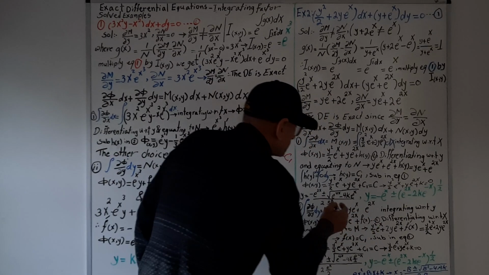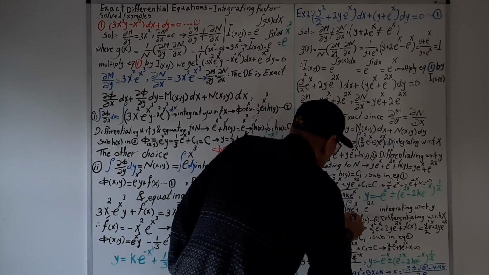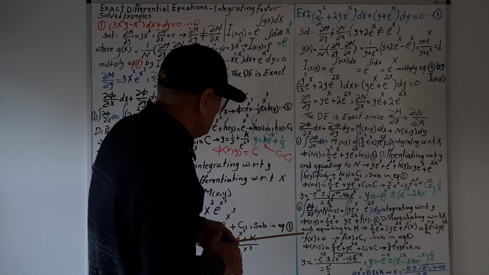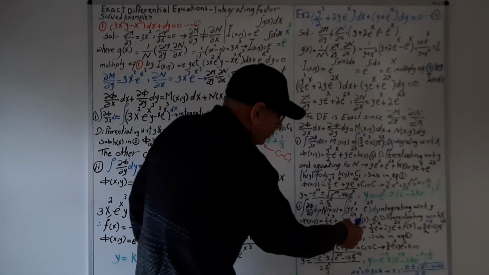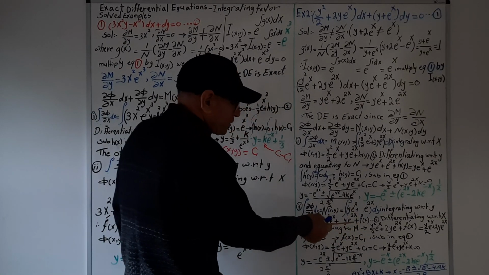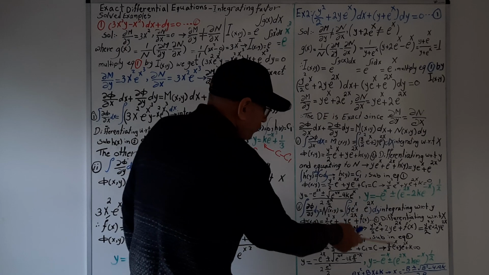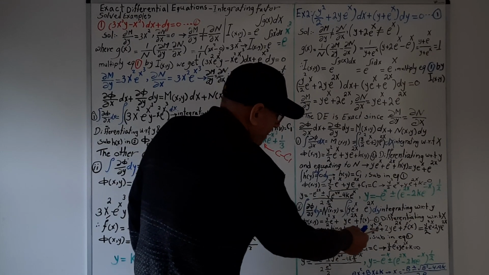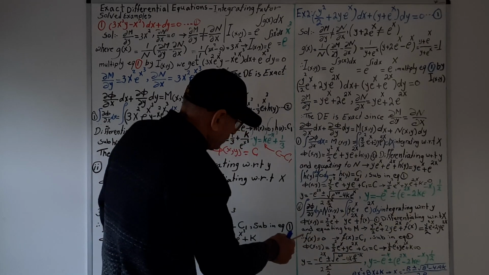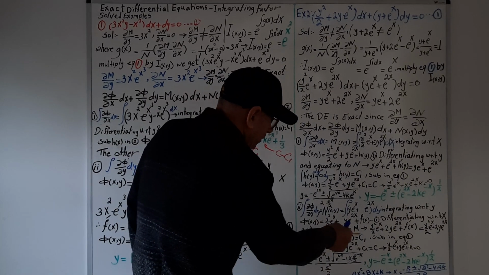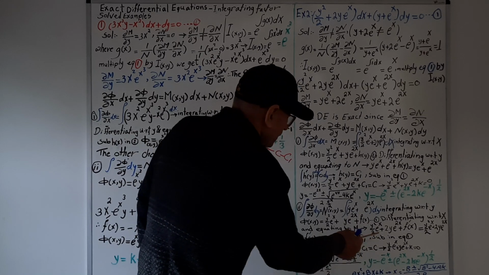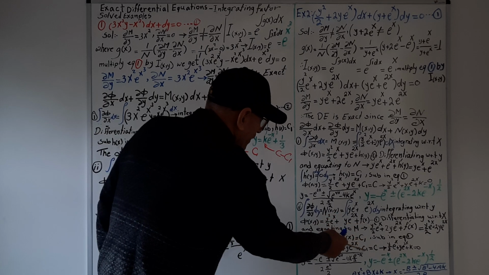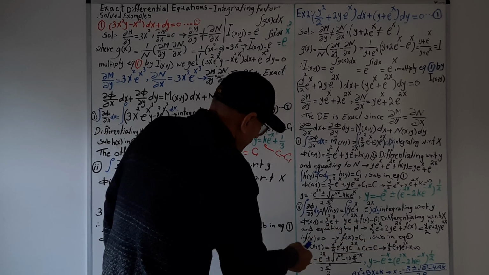And here we add the constant of integration, this time a function of x, because we are integrating with respect to y, and equating to M. So f prime of x equals 0, then f of x equals c1. We substitute in equation 1 the value of f of x, and this here is the answer.